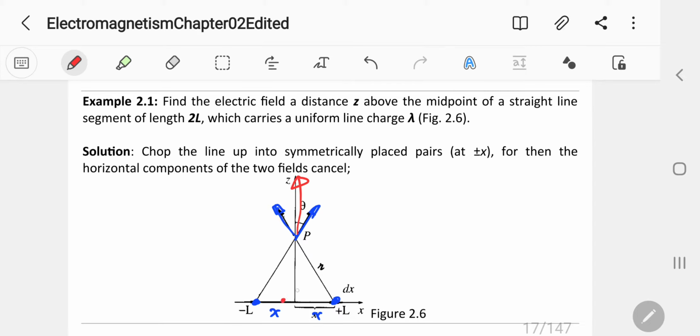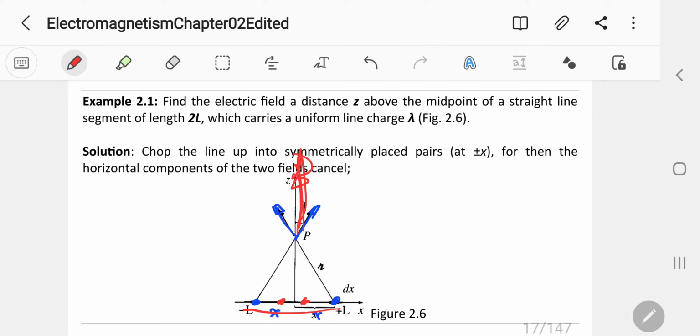So for two pairs of dq at the same distance from the origin, which is at the middle of this line, you get two electric fields that cancel their x component and just give you a y electric field.